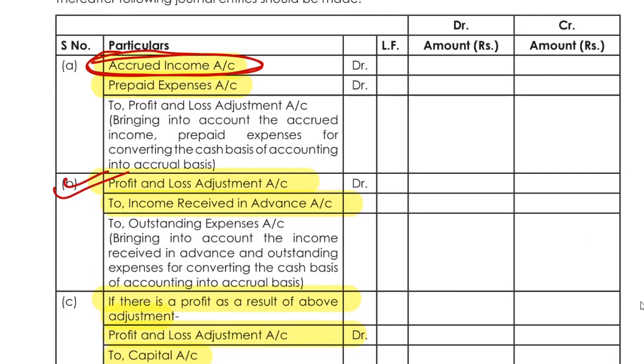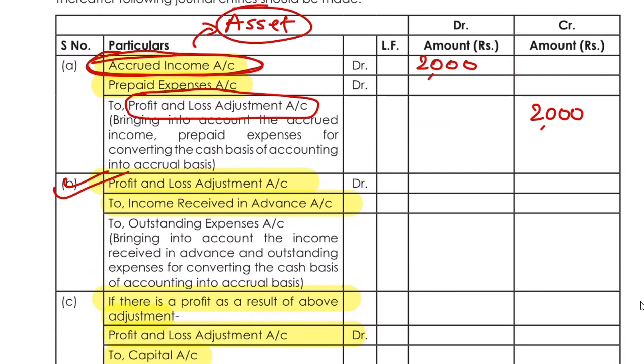How will the profit and loss adjustment account be used? Let's see that. Whatever income has accrued, that is 2,000 rupees, will not be transferred directly to the profit and loss account, but it will go to the profit and loss adjustment account. So accrued income is your asset, because you will receive this in future.